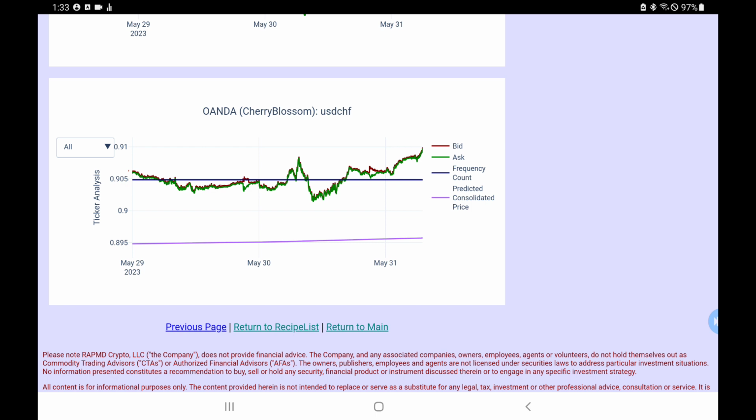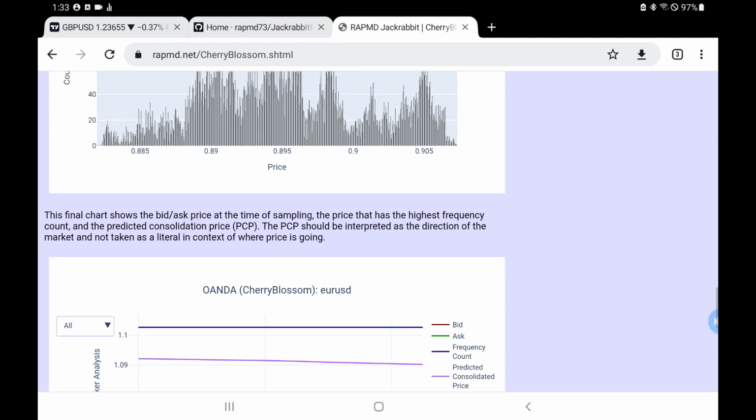So again, this gives a hint as to where the market is likely going to go over the next couple of days to a week or so. Whether or not it does, of course, is anyone's guess, but it's how the bot is able to make decisions and remain profitable, which thus far it has been able to do quite well.